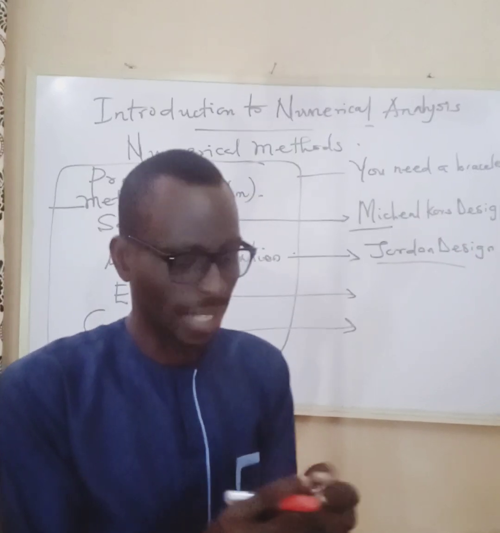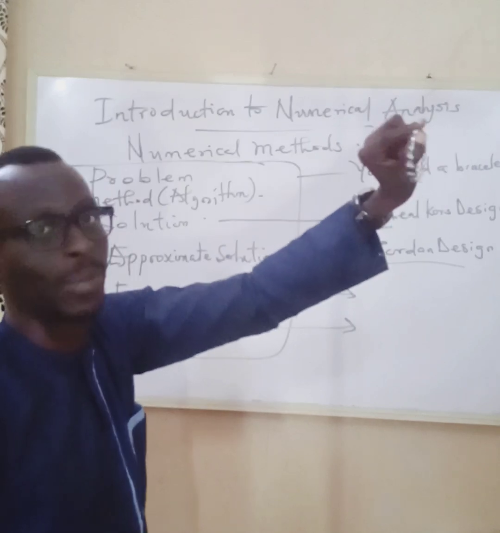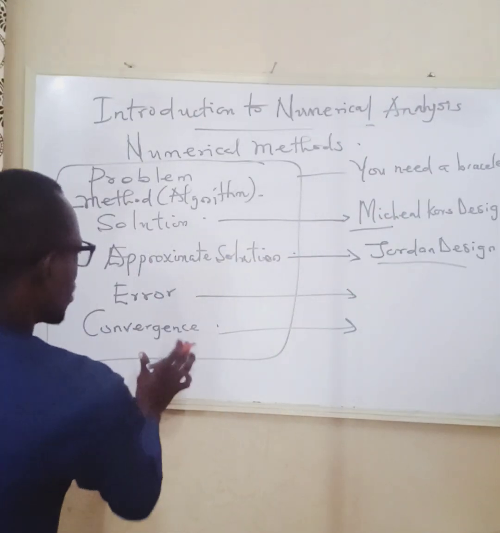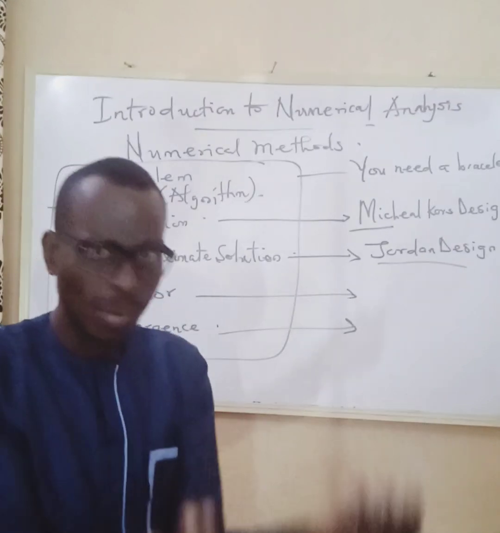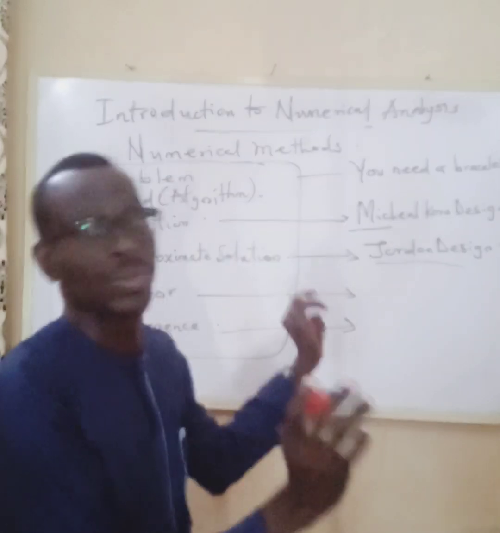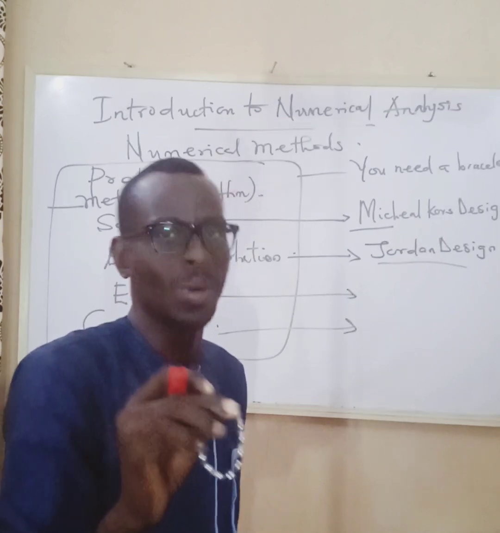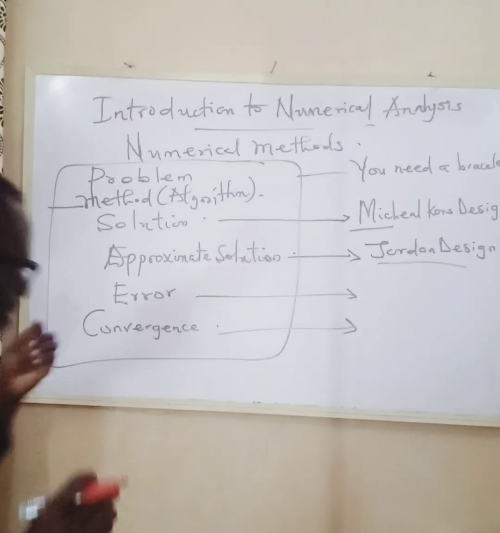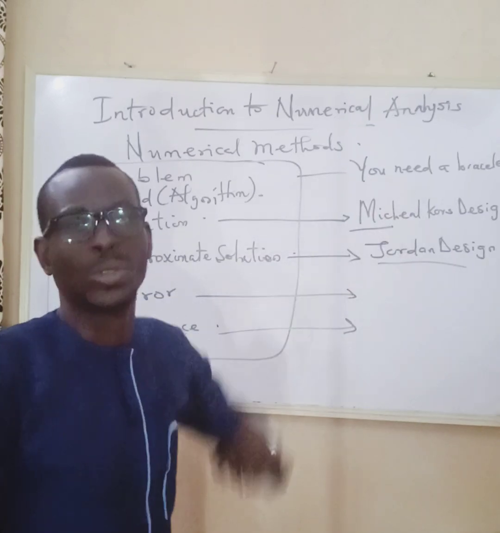Nobody will be able to see that because it looks exactly like Michael Kors. So that leads to convergence because it is acceptable. So far it is acceptable and it is very close to what you have given the designer to do. That means it converges to the solution of Michael Kors.